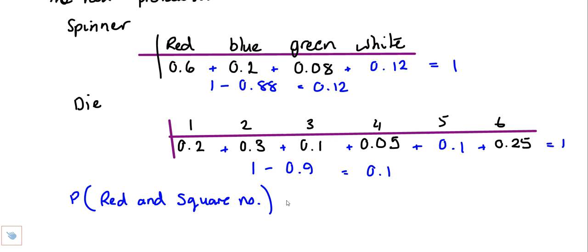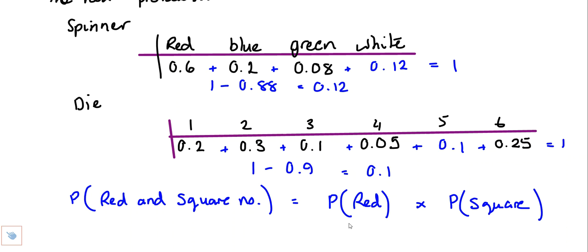But don't forget what we said. The probability of red and square, we've got the probability of red multiplied by the probability of a square number. So what do we get? Probability of red is 0.6 times. What's the square number? So square numbers are 1 and 4.